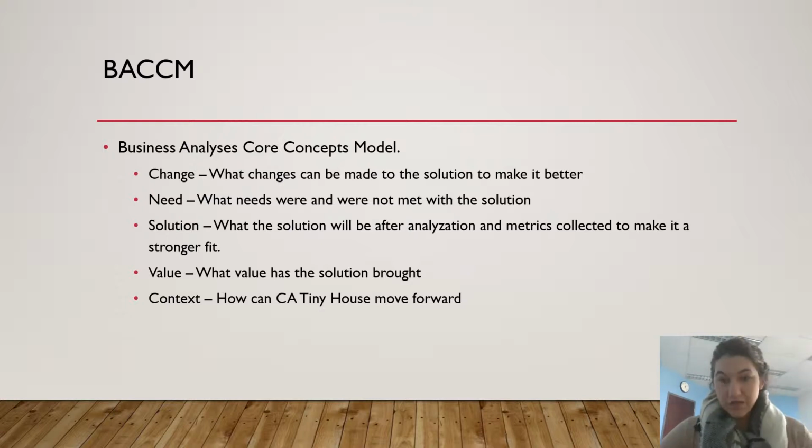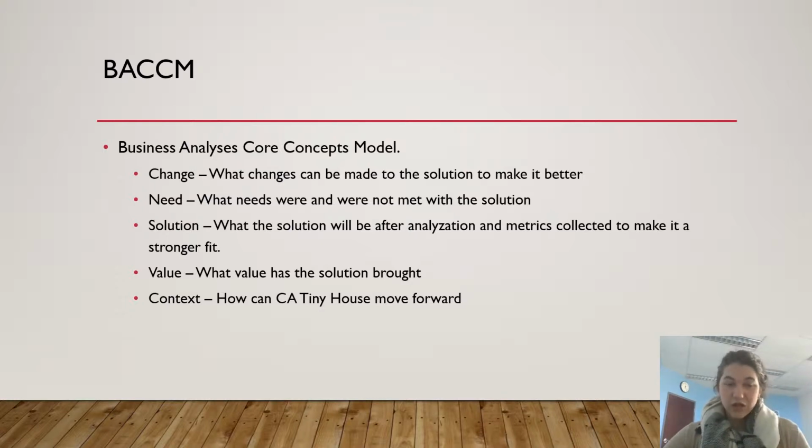So again, we're using the BACCM model, the Business Analyst Core Concepts Model, for the change. For Sprint 6, what changes can be made to the solution to make it better? Based on the metrics that we gathered and analyzed, what can we do to change the solution to make it an even better fit for the project? The need is what needs were and were not met with the solution.